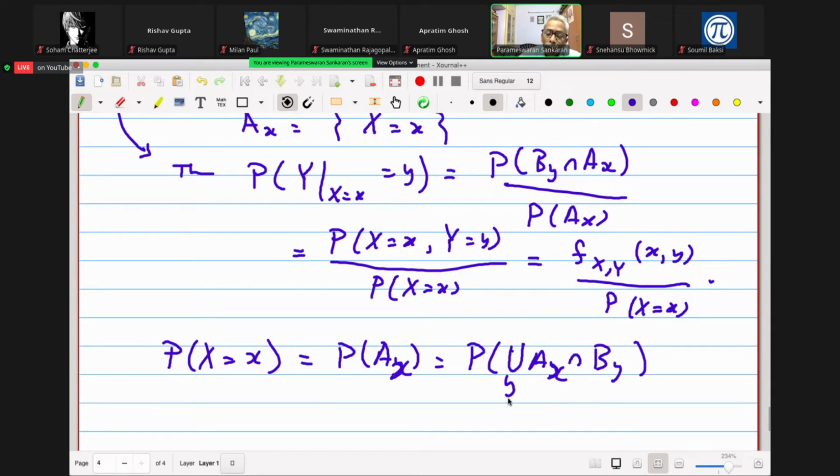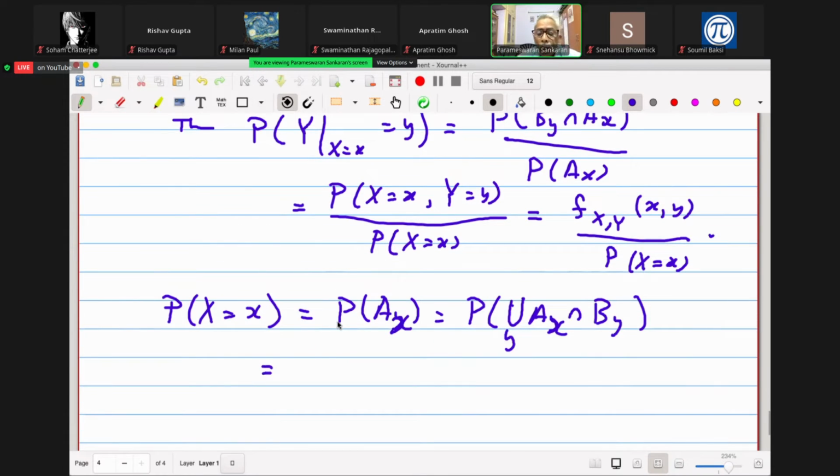Now for distinct values of y, the B_y are all disjoint, and so I have written this as a partition of A_x. So that becomes the sum of the probability of A_x intersection B_y. The sum is over y.